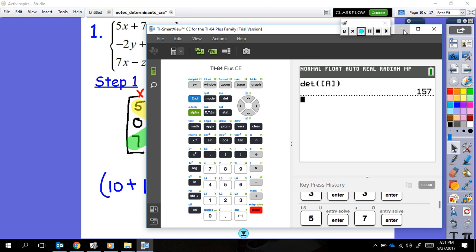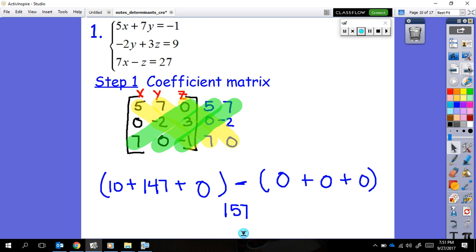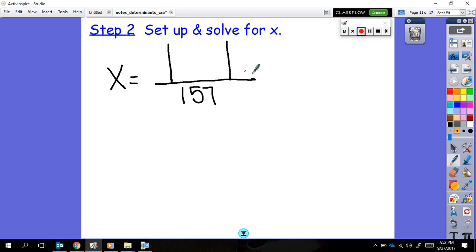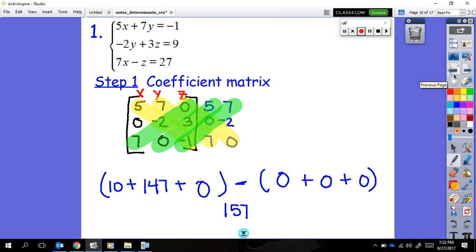I'm going to minimize this for a second. Let's go to the next page. We're going to set up and solve for x. So put your big X equals. We got as our determinant 157, so that goes on the bottom. Do your big matrix bars at the top. Now remember that if we're solving for x, the answers go in the x column.